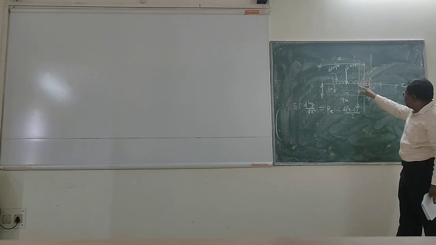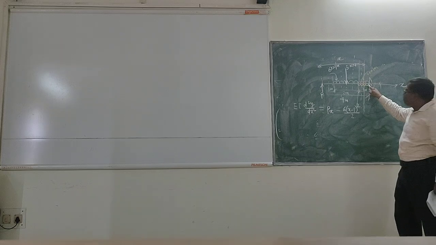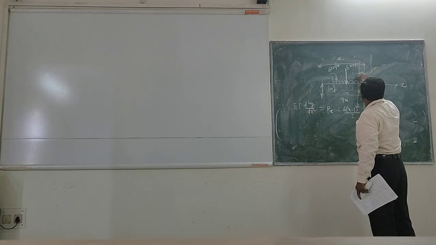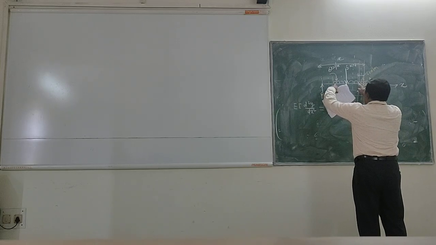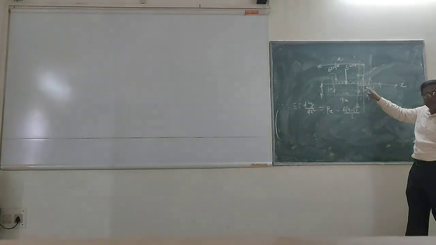Now, this reverse direction UDL you have put will also create moment. The distance from here to here is 1 meter, and from here to here is 2 meters, because after 2 meters you have applied a reverse direction load.